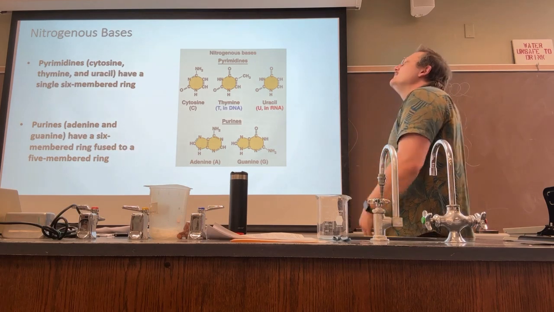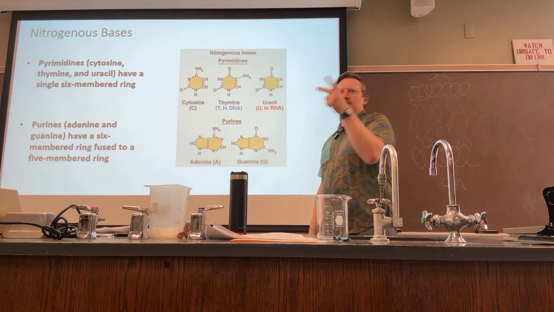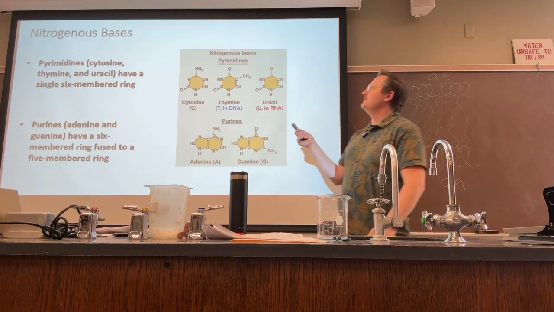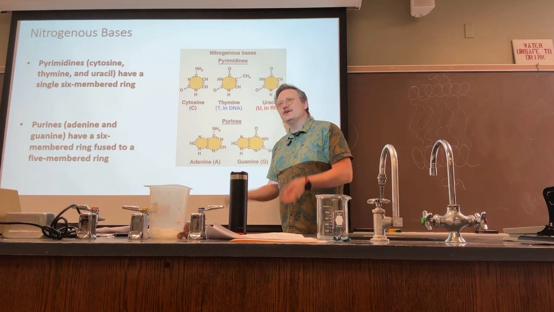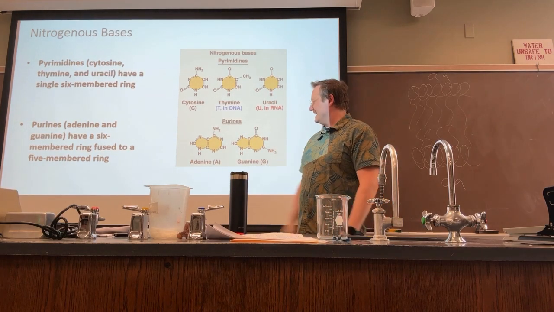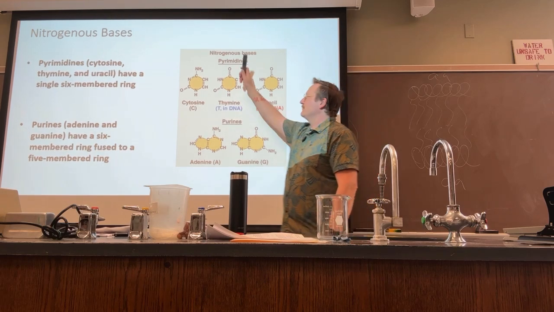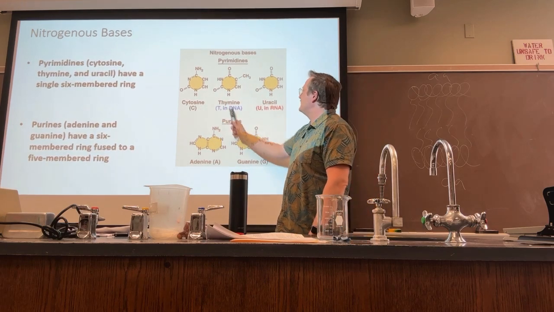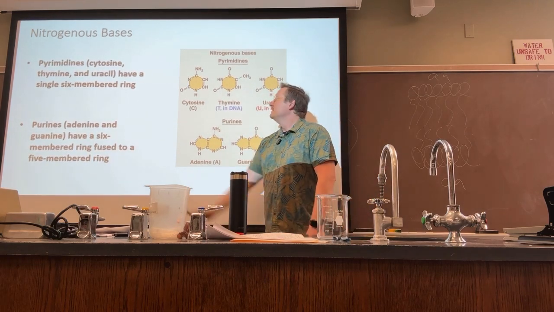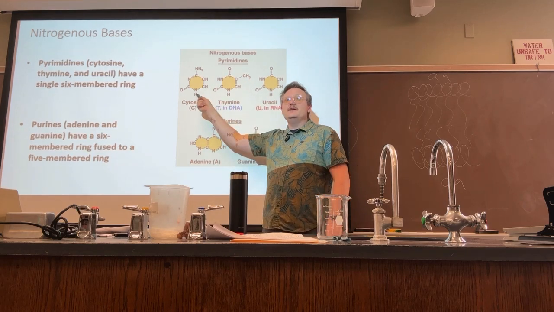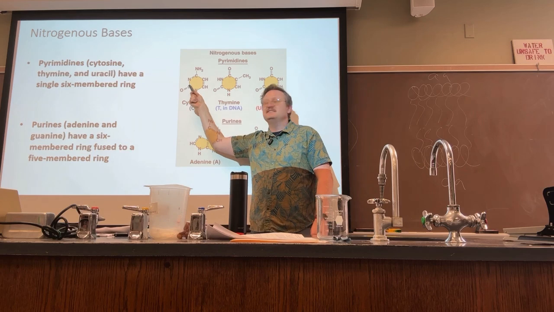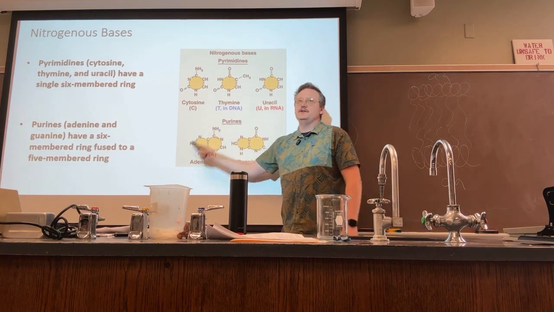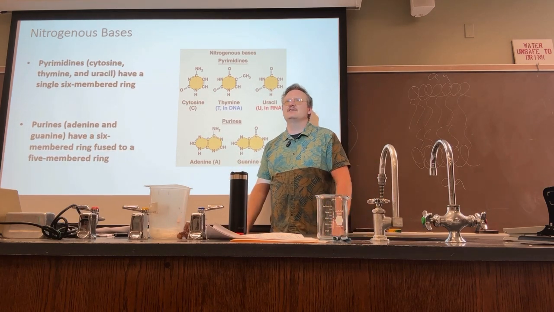They are broken down into 2 groups, the pyrimidines and the purines. The purines are adenine and guanine. The pyrimidines are cytosine, thymine, and uracil. Pyrimidines have 1 ring in the nitrogenous base. Purines have 2 rings in the nitrogenous base.